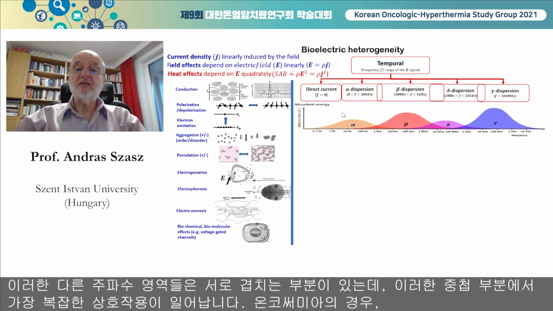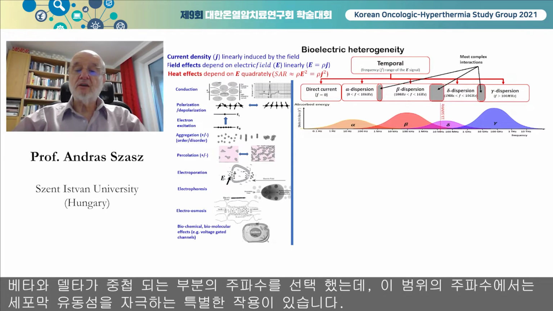Of course, these frequency ranges overlap, and this overlapping makes for very complex points, because the most complex interactions are in these overlapping regions. We chose the overlap between the beta and delta dispersion, which gives a very special facility for exciting the membrane rafts.